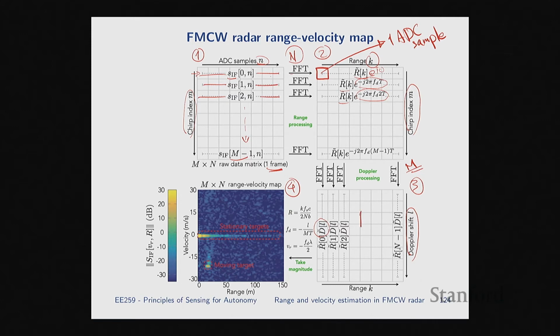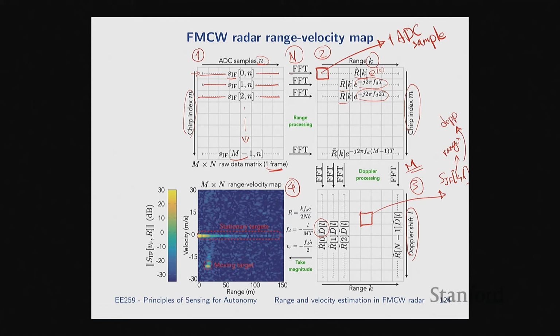Now if you look at cell (K, L), that gives you what we call S_IF[K, L], where K is the range index and L is the Doppler or velocity index.